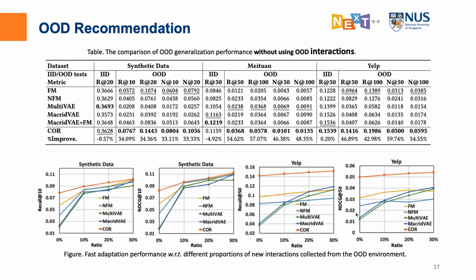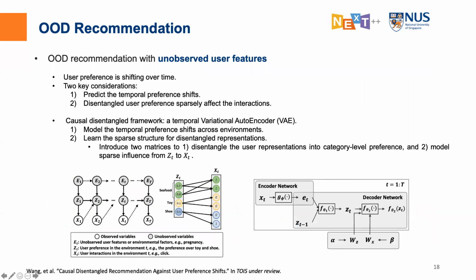If no, I'll just move on. Okay, this is for the observed user features. If we observe the user feature changes, we can infer the latest user preference and interactions based on the changed user features, right? But what if we don't know the changed user features?